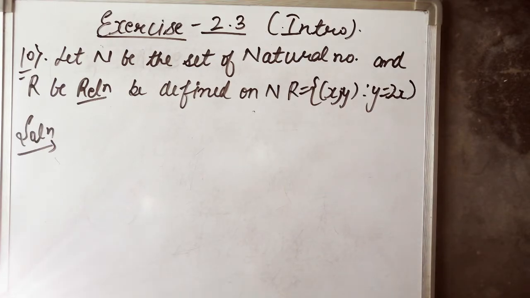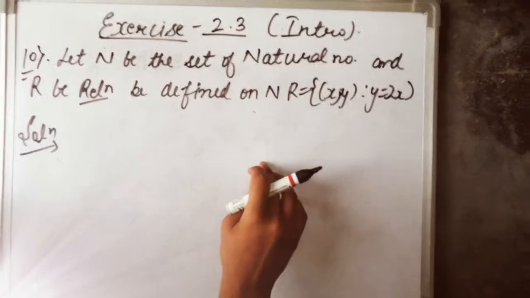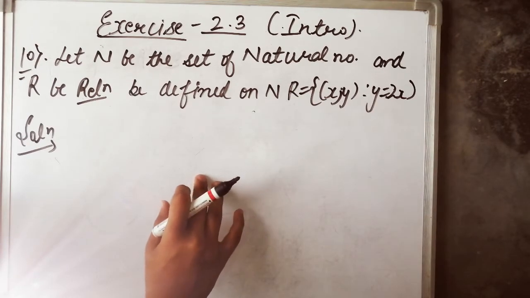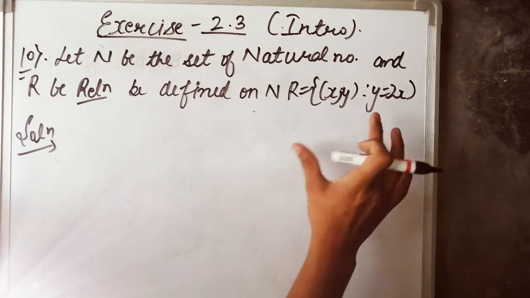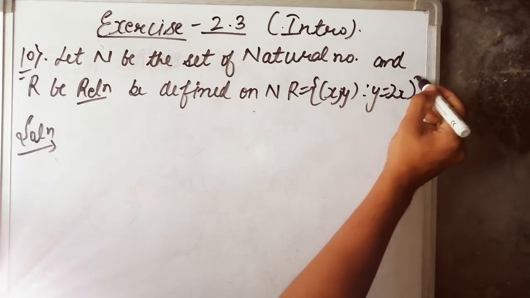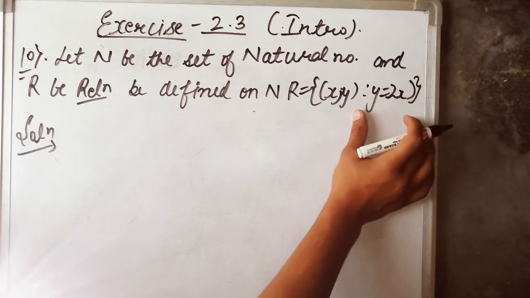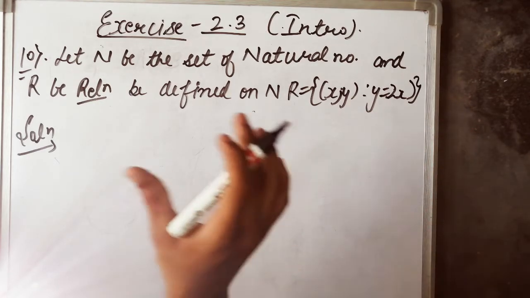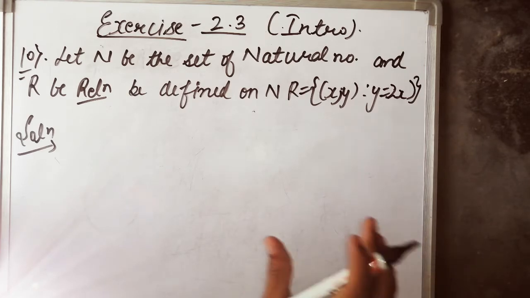Okay students, what are the natural numbers? Natural numbers are the numbers starting from 1 and ending at positive infinity. And what if we start finding y equals 2x, where will it go? I think it will be endless, and we can't count from where it starts till where it ends.